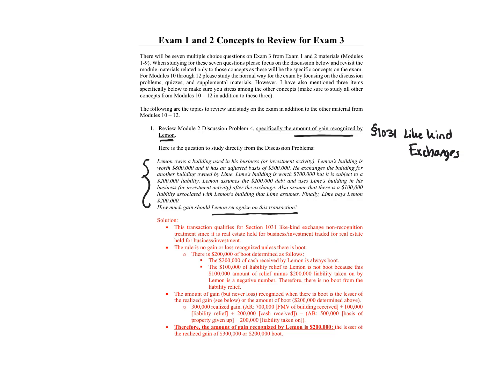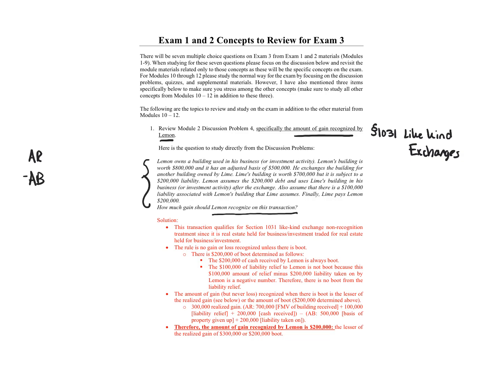Now again, just focus on what the question's asking. Yes, I know when we covered this before, we focused on realized gain, recognized gain, basis, holding period, all these different issues. We're just focusing on the gain recognized by Lemon. So first thing to remember is any property transaction, you're going to have amount realized minus adjusted basis.